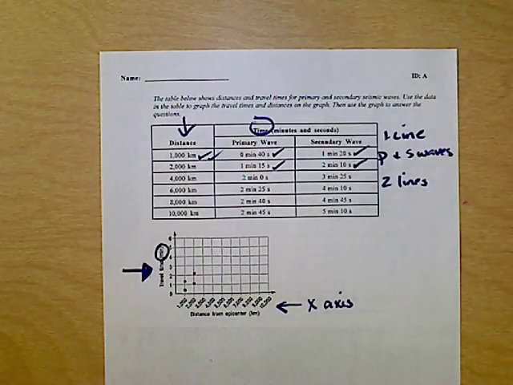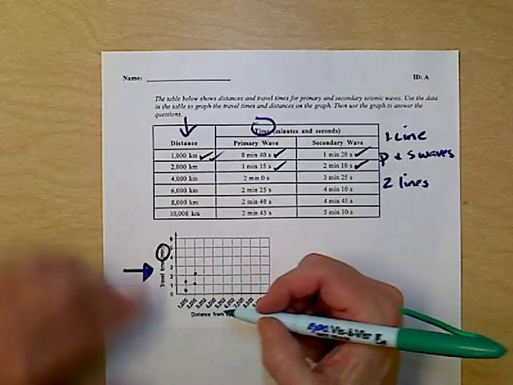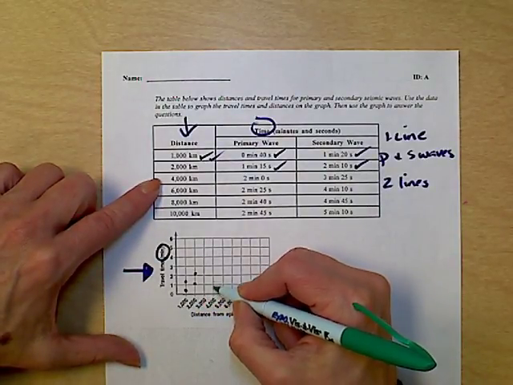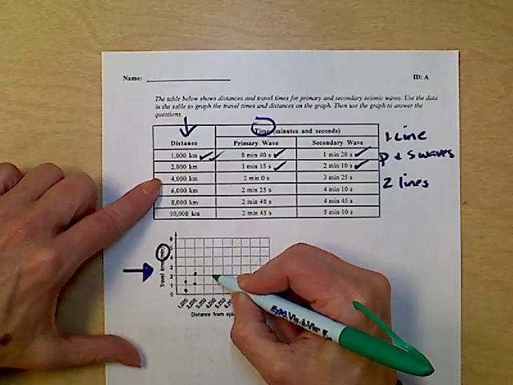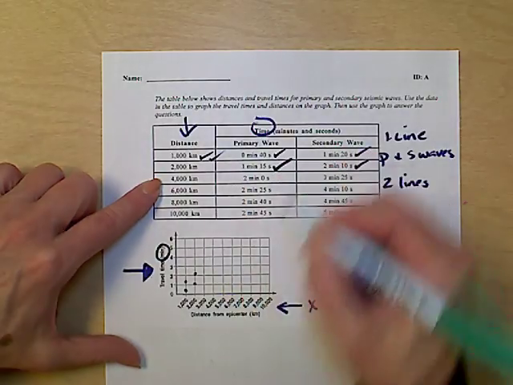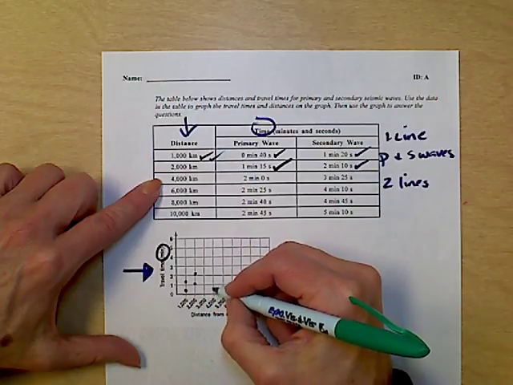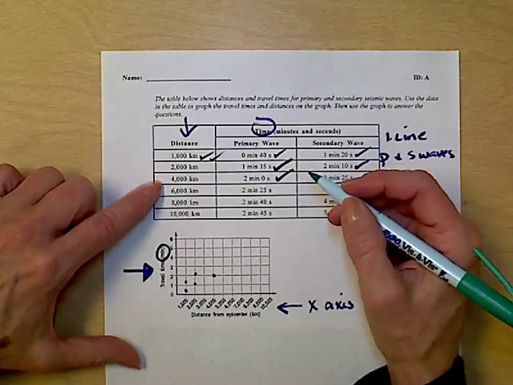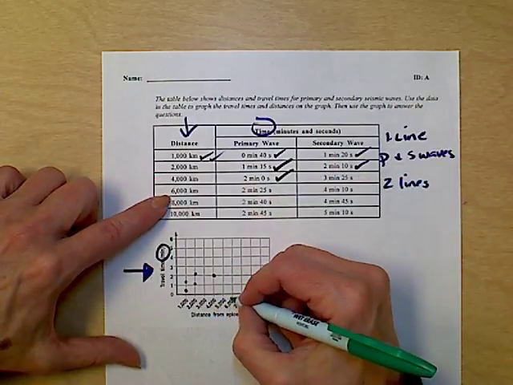Now I want you guys to take a minute, and on your own, I want you to do the 4,000, 6,000, 8,000, and 10,000. I'm going to do it, and then I would like you to do it too. 4,000, we go up to 2 minutes. And we put our green dot. We go 6,000, again with our green dot.